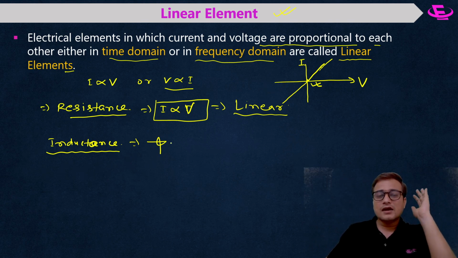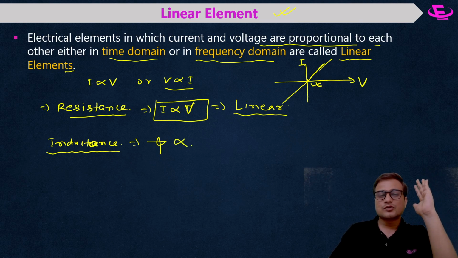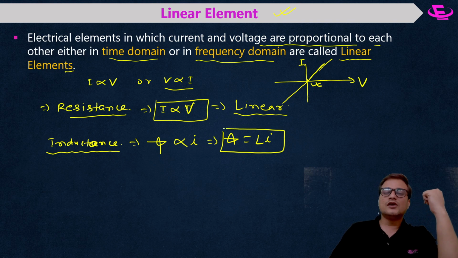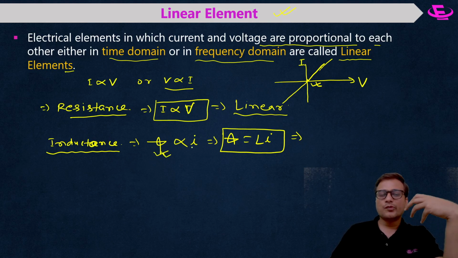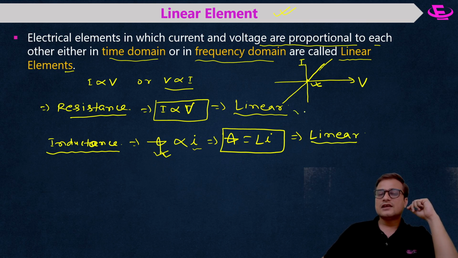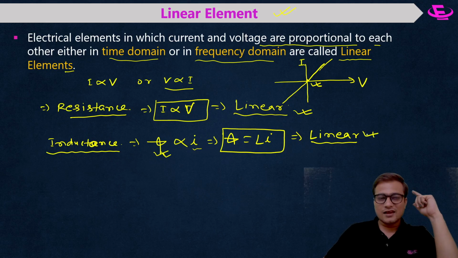That magnetic flux is proportional to current I. So from here you can write phi equal to Li. If magnetic flux is proportional to I, here flux is basically the response or output, and current is nothing but the cause. Because of current there is flux. So inductance is also linear, or inductor is a linear element. Resistor is a linear element. Inductor is a linear element.